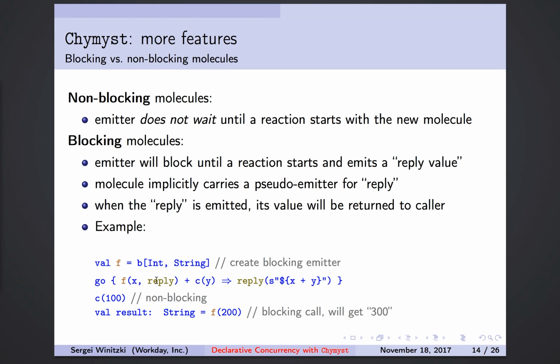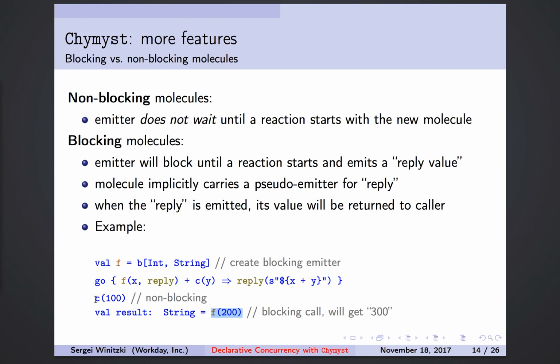Now, this reaction says molecule F reacts with molecule C. So unless the molecule C is present, this reaction cannot start. So if we did not emit the C here, this call would block until some process emits a C molecule.